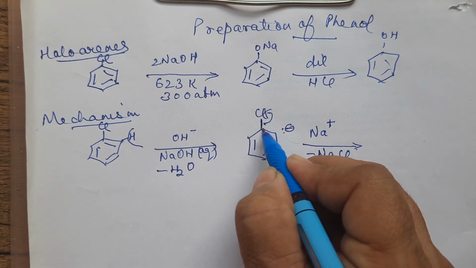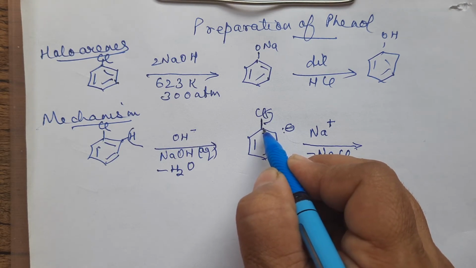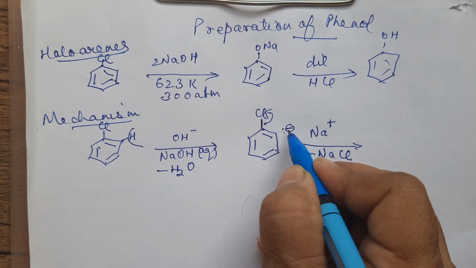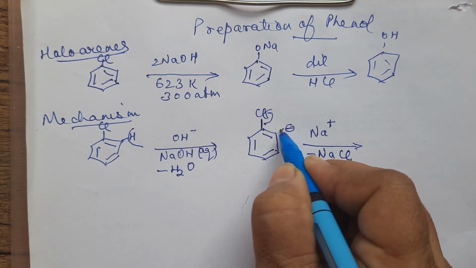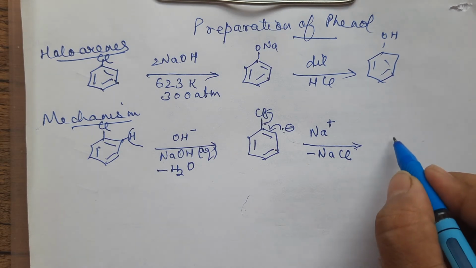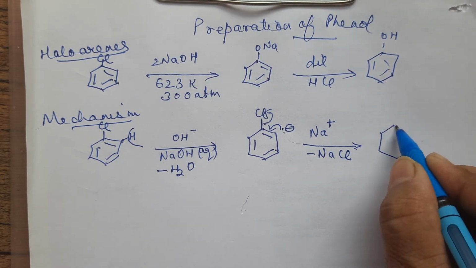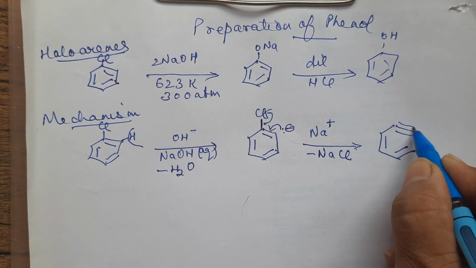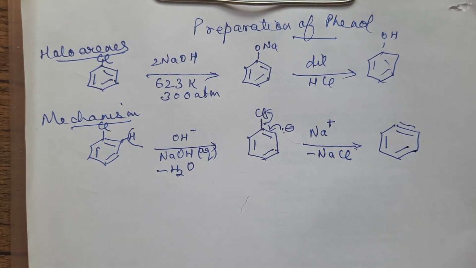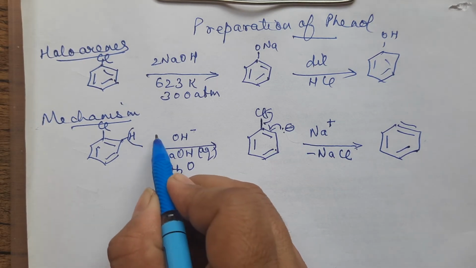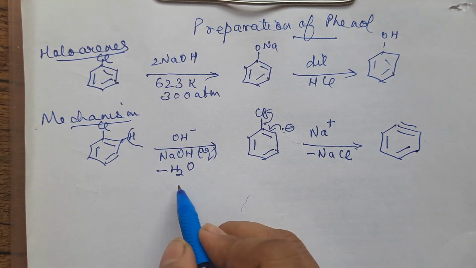Now this carbon will be short of an electron because this bond has gone from here. So this negative charge, the electron which is present here, tries to come in between the two carbon atoms. So what you get here is a triple bond between these two carbon atoms. Did you follow this? Just check it. There was a negative charge because this H had gone, and it has come out as water.